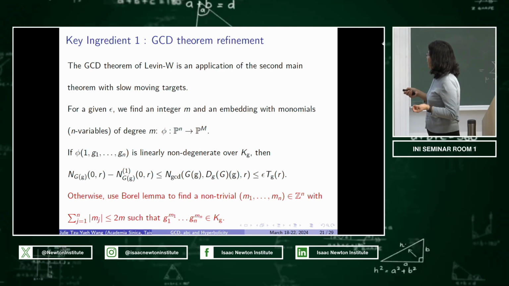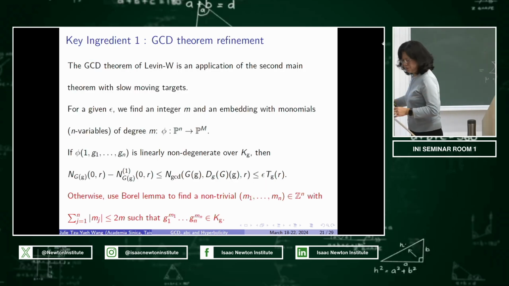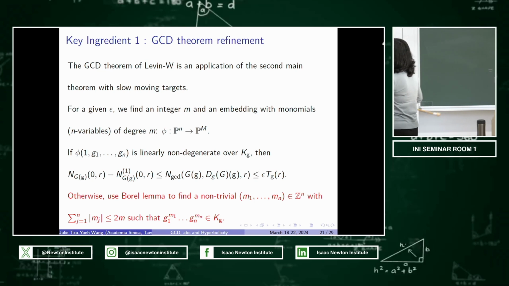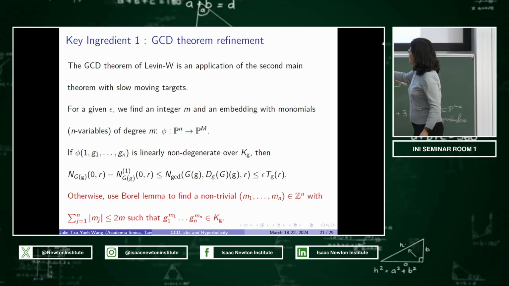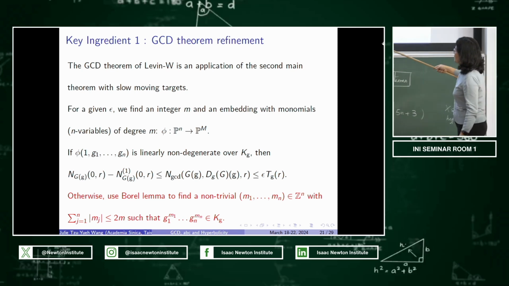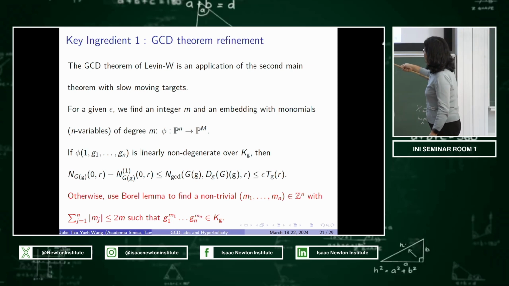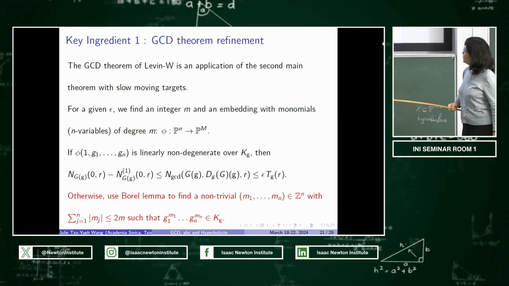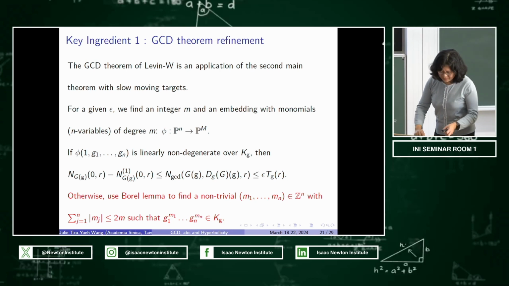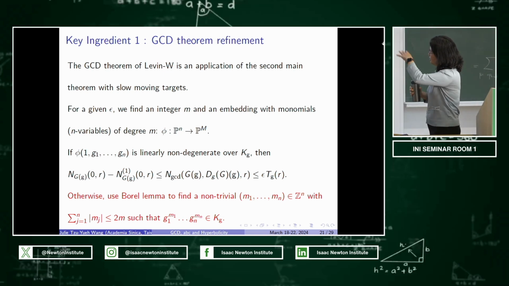You can modify the Borel lemma to show that, where M is the degree of a monomial, they are actually multiplicatively dependent on K_g, meaning they sum together to K_g. Okay. So this is how this second GCD theorem is organized.